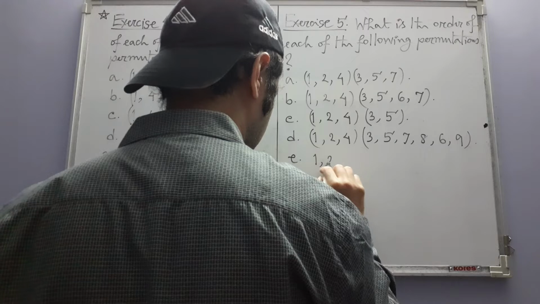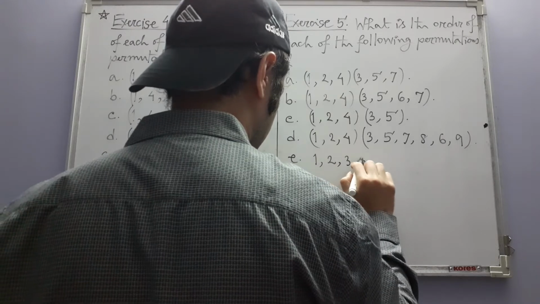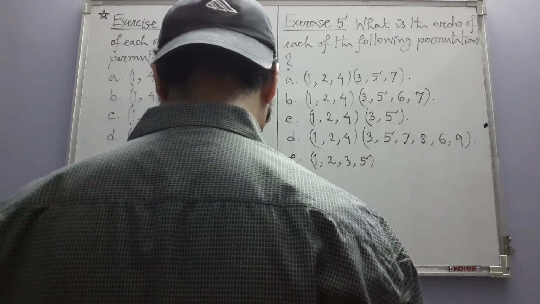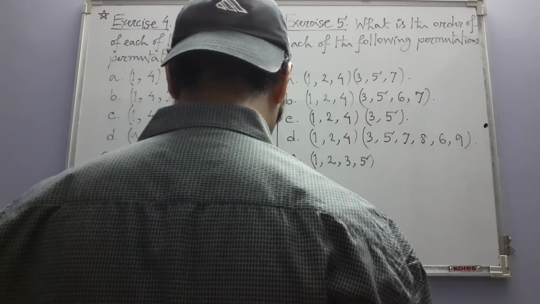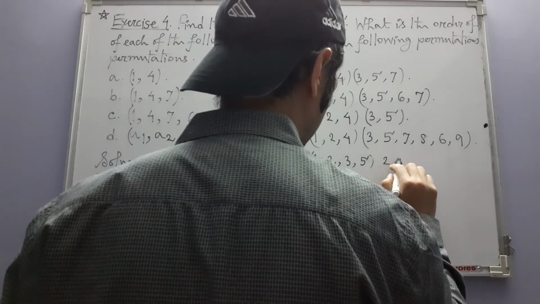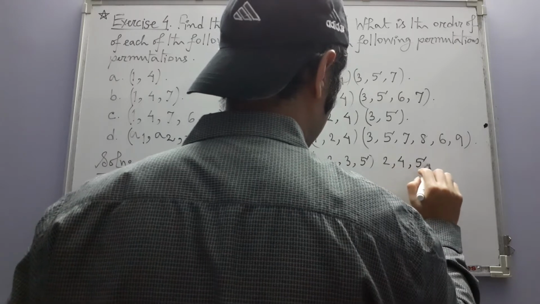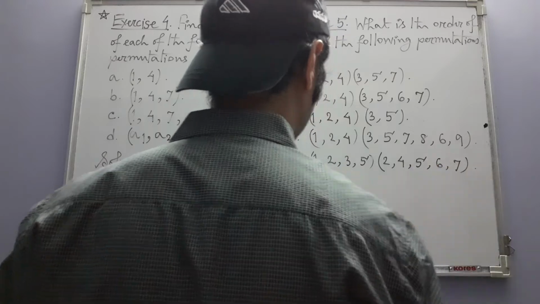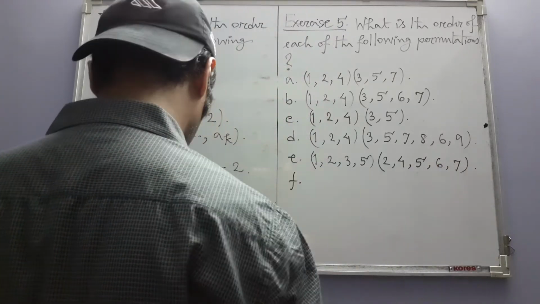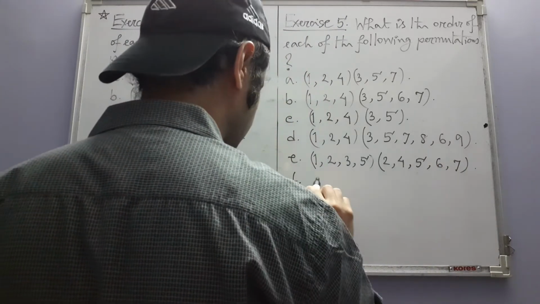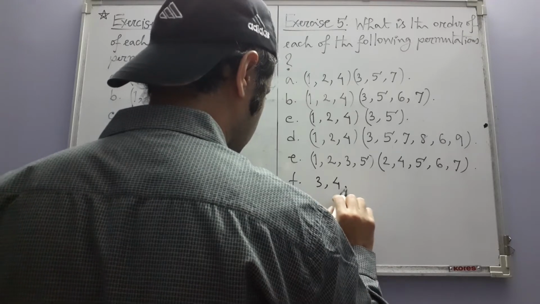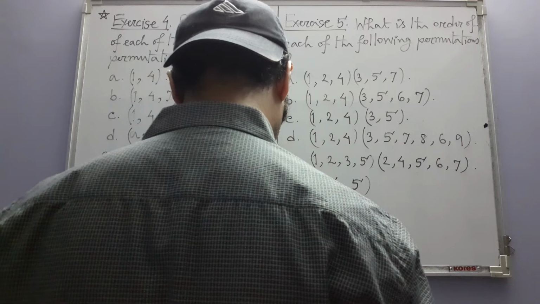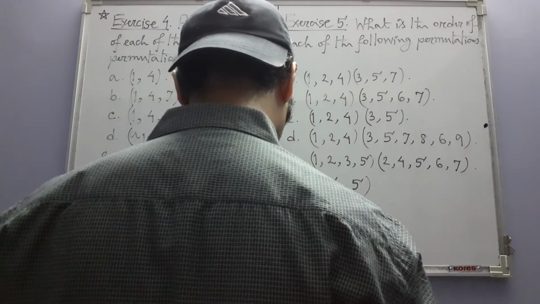E: (1 2 3 5), a 4 cycle, times (2 4 5 6 7). Okay, there is one more. F: (3 4 5)(2 4 5).